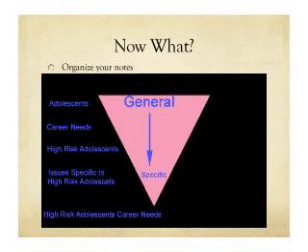So say eventually the topic you want to get to is high-risk adolescents and their career needs. You would start with adolescents and maybe general adolescents' career needs. Then you would talk about high-risk adolescents and maybe how they're different than typical adolescents or non-high-risk adolescents, however you would like to state that. And then you bring it into career needs specific to high-risk adolescents.